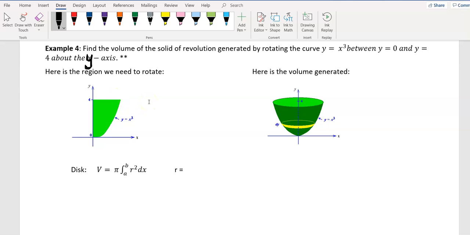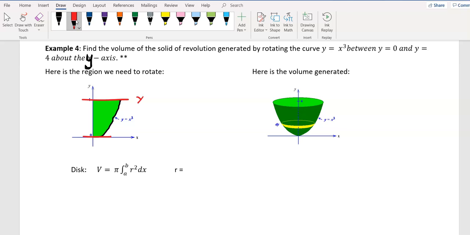So again, we're following that process. Our first process here is to graph, which is actually done for us. We see this lovely cubic function of x cubed, and it's going from the function y equals 0 to the line y equals 4.